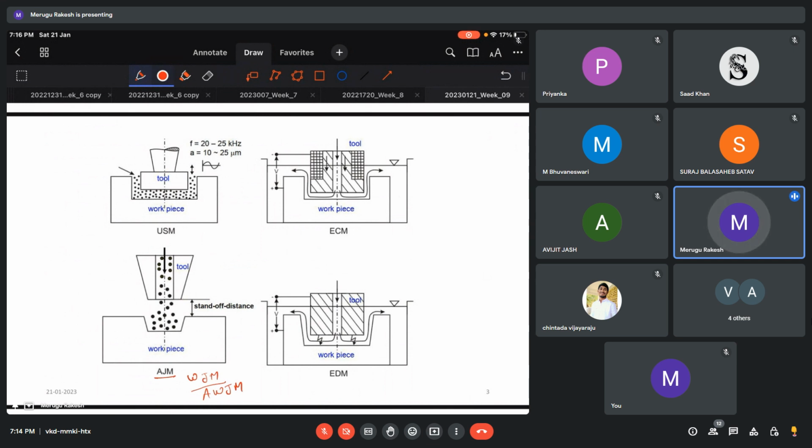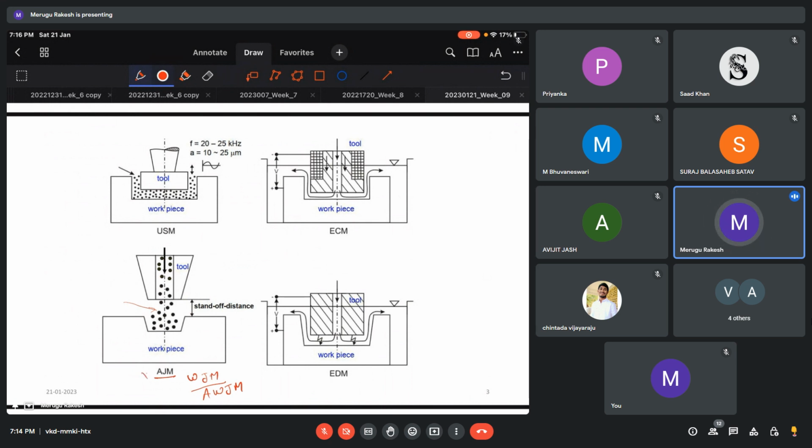Just the medium changes. In abrasive jet, we force particles mixed with air. In water jet machining, the medium is water, or water combined with abrasive.